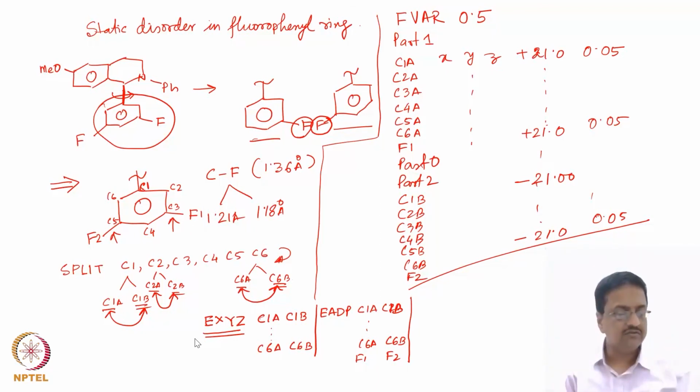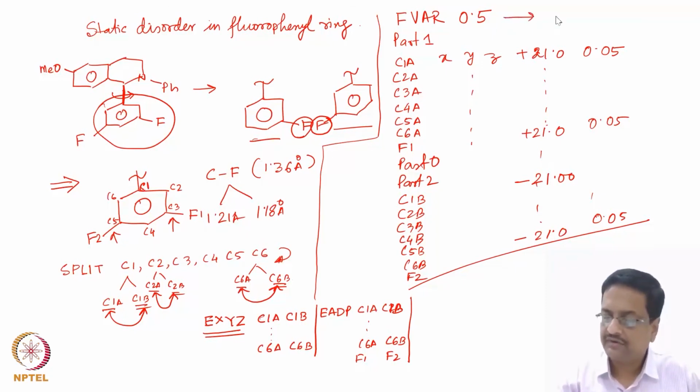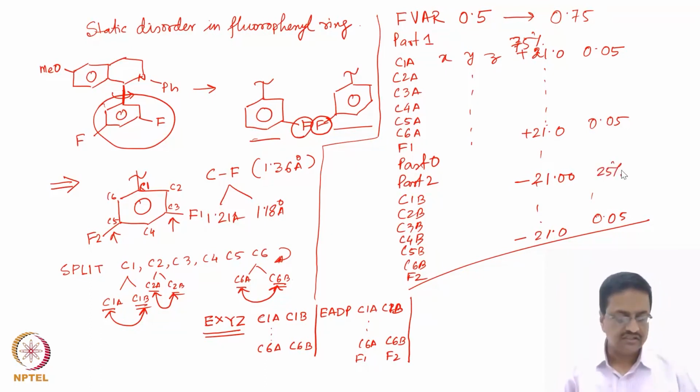So when you do this refinement, you will end up getting this FVAR value refined to maybe 0.75, which will indicate 75% for this and 25% for that. This will then conclude the status of disorder in these types of molecules.